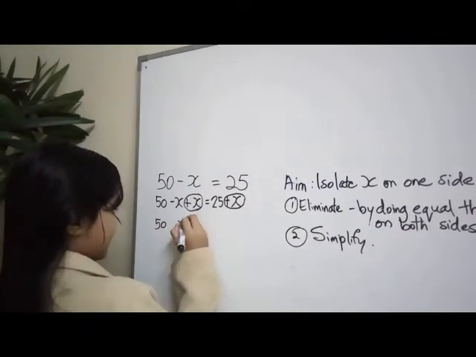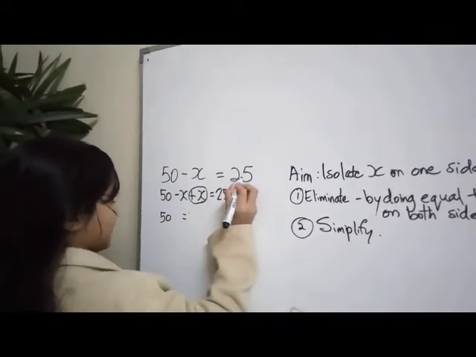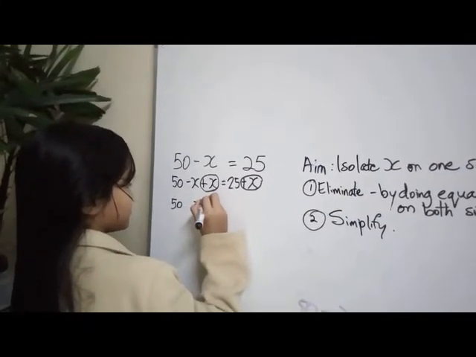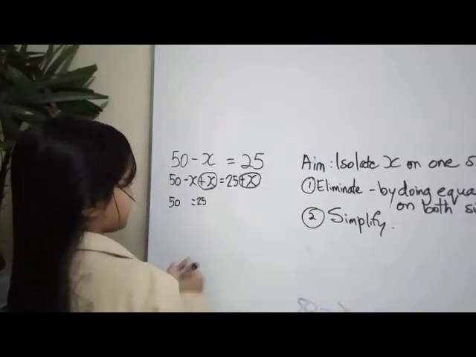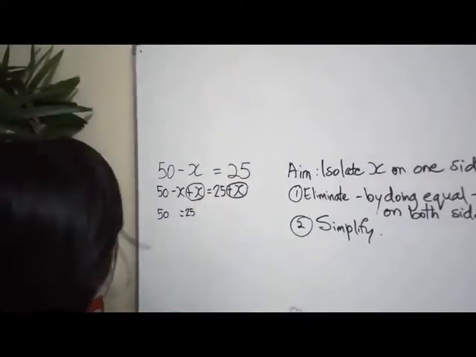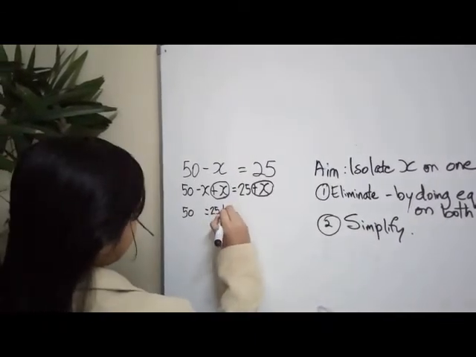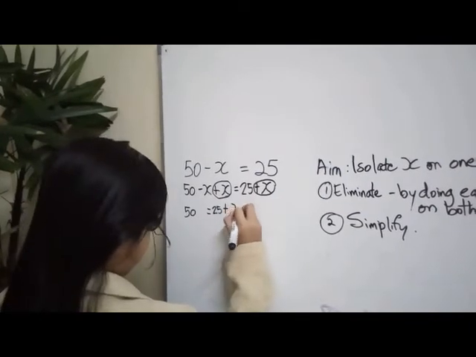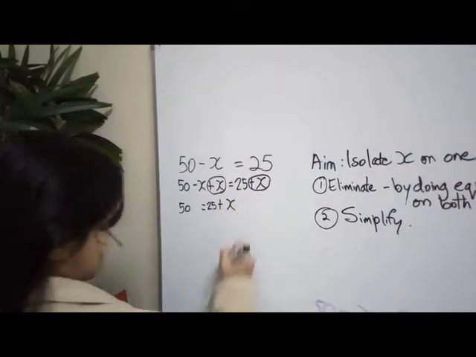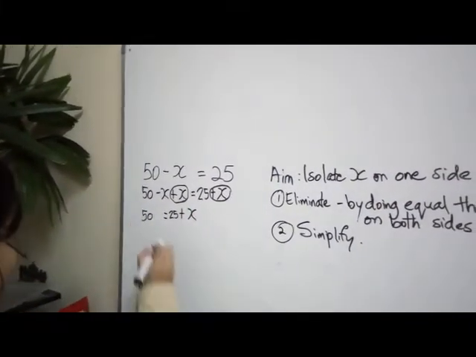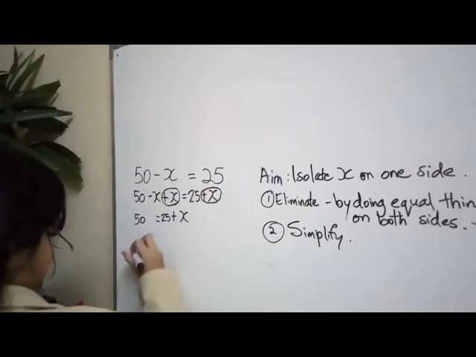Okay, and then you put the number that's here, over here, 25. And then after that, you plus x. And that's done for that row.